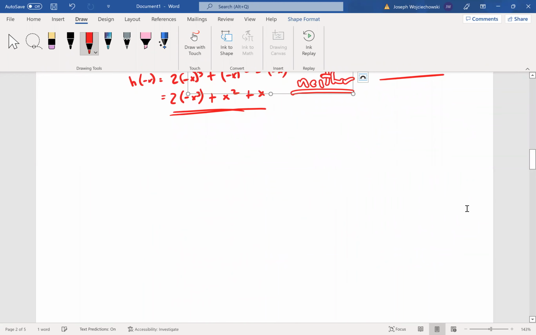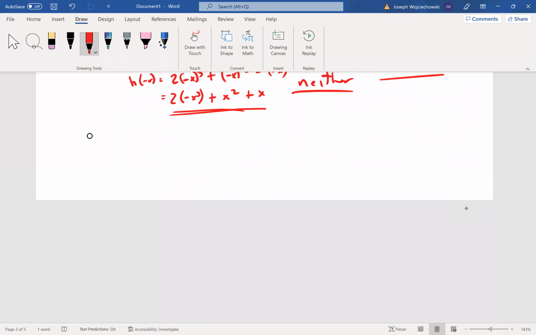Okay, so now we come to piecewise functions. Now let's look at an example and we're going to graph these.